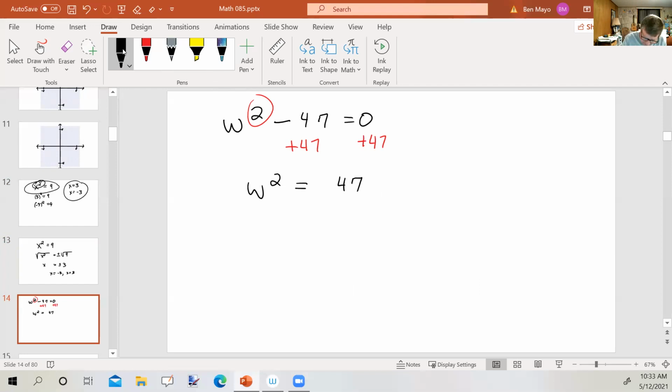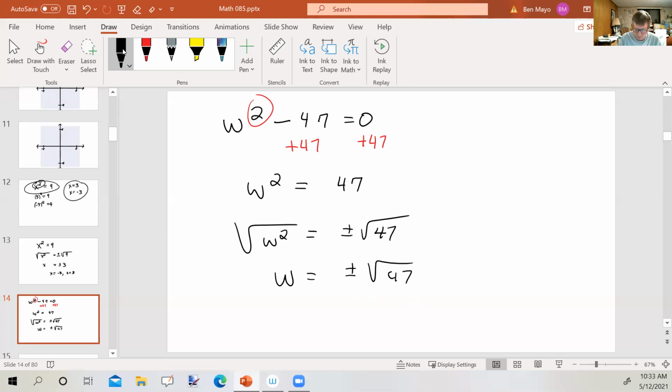Then, taking the square root of both sides of the equation, we get w equals plus or minus the square root of 47. Now, the square root of 47 doesn't simplify any further, so w equals negative the square root of 47, comma, the square root of 47. Those are the two solutions.